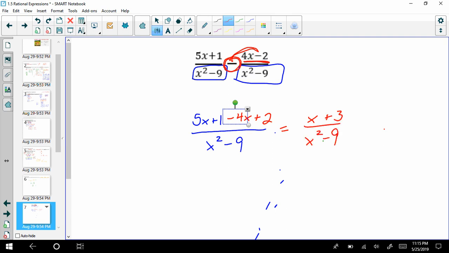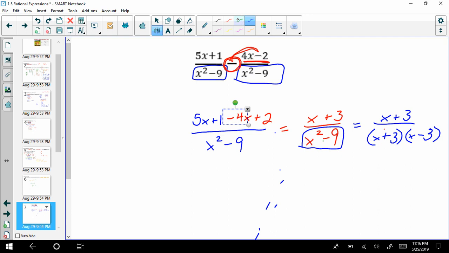And then my denominator. And then the last step, I would want you to check, can you do any further simplifying? Well, the thing that stands out to me, let's factor the bottom because that is the difference of squares. They're both perfect squares. So x and x, 3 and 3, plus and minus.